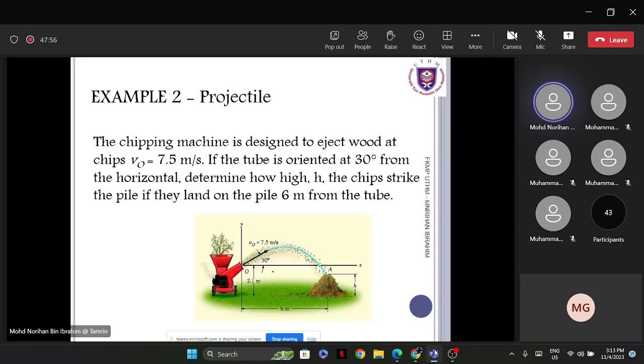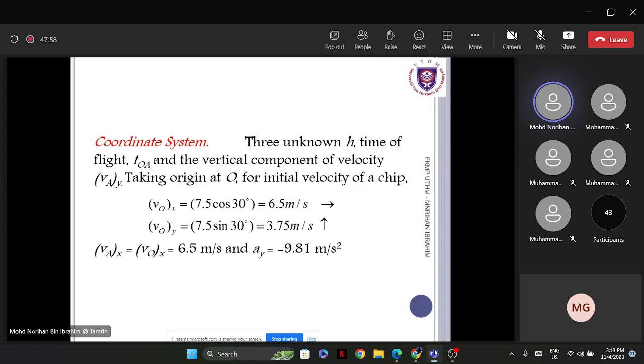We break it into X and Y components to get VOX and VOY. VOX is equal to 7.5 cos 30 degrees, which is equal to 6.5 meters per second to the right. VOY is 7.5 sin 30 degrees, which is equal to 3.75 meters per second upward.